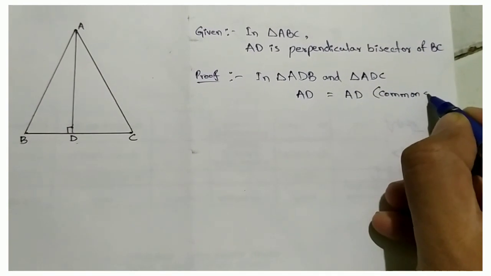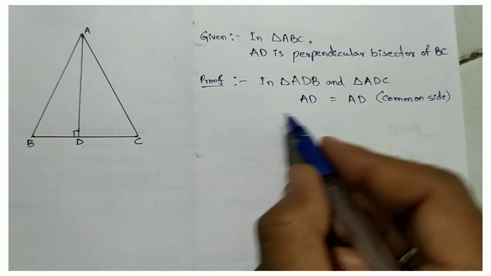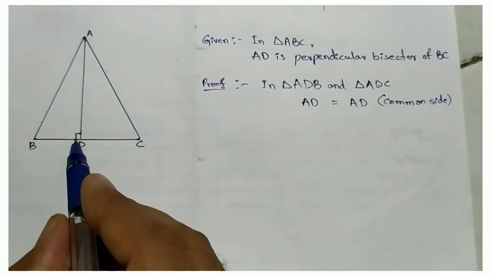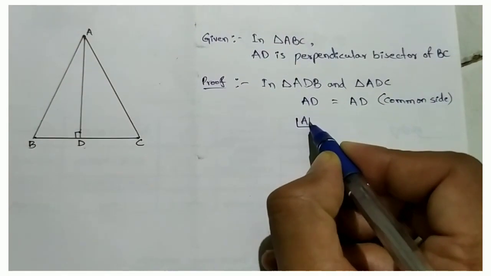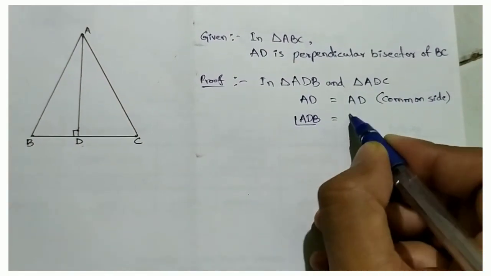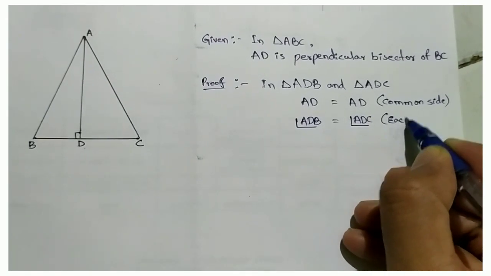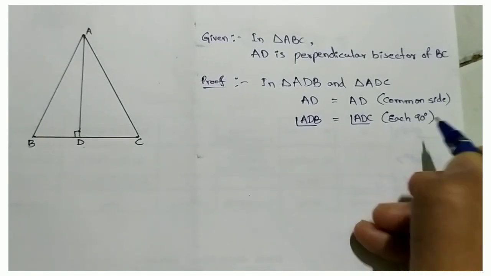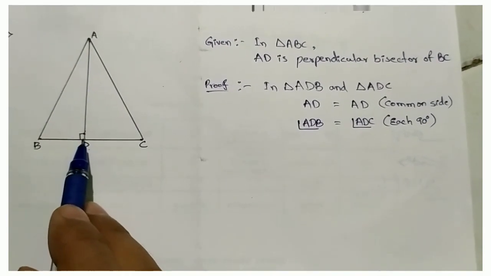AB is common side. Okay. Next, it's making 90 degree. Perpendicular means 90 degree on both sides. So angle ADB equal to angle ADC, each 90 degree. Next, it is perpendicular bisector also.